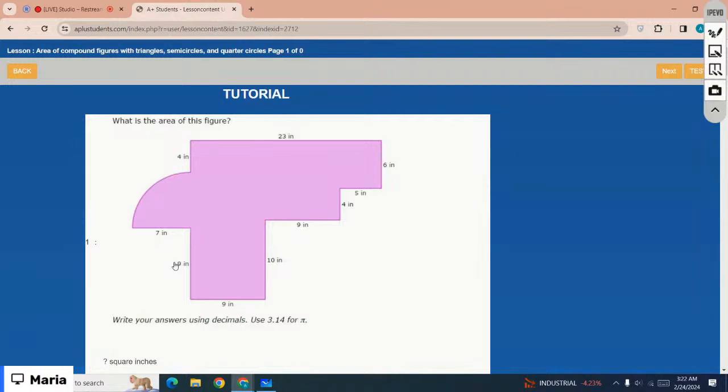So, how do we calculate the area of compound figures? Compound figures mean figures that have circles, triangles, and quarter circles included.